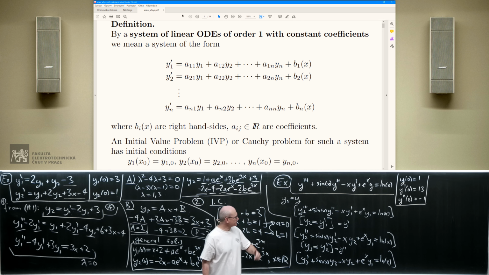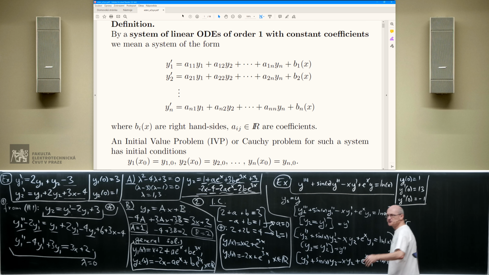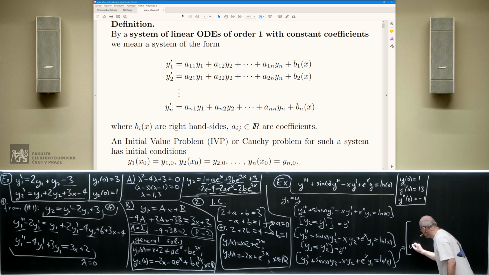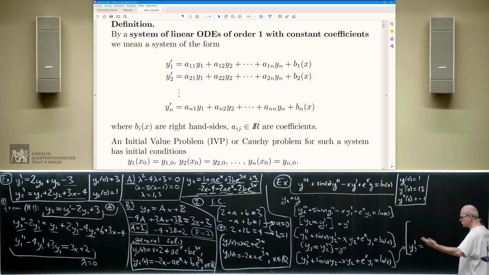That's a good question. Well, definitely this will be part of it. And there is derivative of y3 in it, so this will be the third equation in my system, and I need to isolate it, because that's what the proper form calls for. y3 derivative is, and let me order it in the proper way. So let's start with y1. I move it to the right, and I start with it.